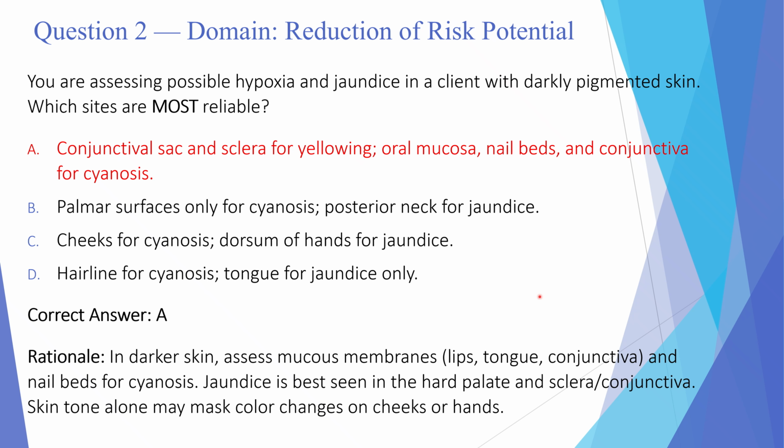Jaundice is best seen in the hard palate and sclera conjunctiva. Skin tone alone may mask color changes on cheeks or hands.